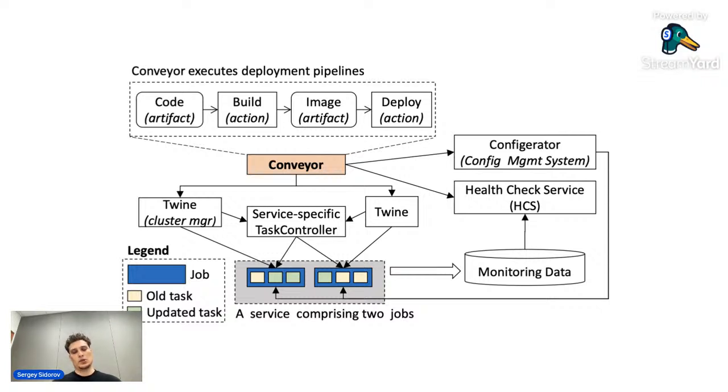We are able to switch traffic between them because we have a unified service mesh which is integrated with Conveyor as well, and it can redirect traffic depending on the rollout stage of a particular machine. And we can typically use those different groups of services, the ones where we don't have the new version deployed, and the ones where we have a new version, and we can compare some metrics.